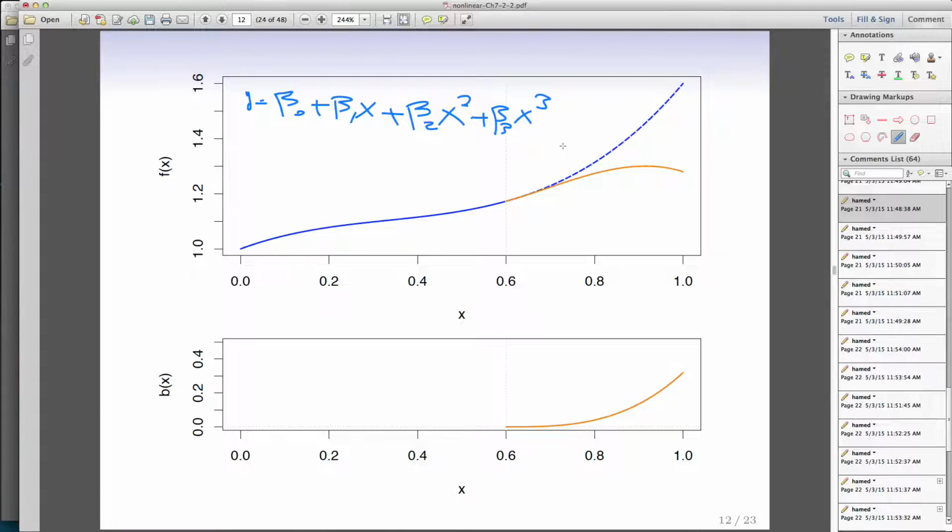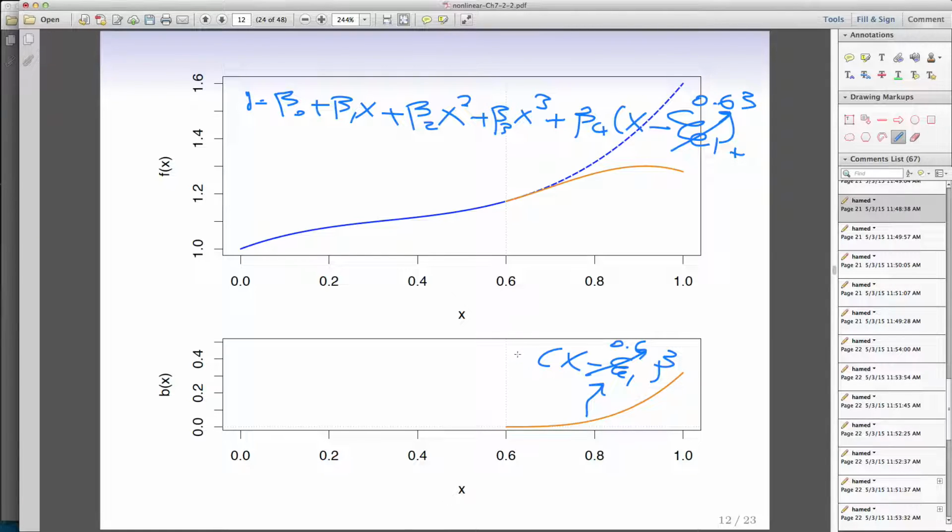But since we had beta 4 times (x minus psi 1)+ cubed, by the way, psi 1 here is 0.6, this shape has changed based on the original shape we had. So this is simply x minus psi 1 cubed, or x minus 0.6 cubed, okay?